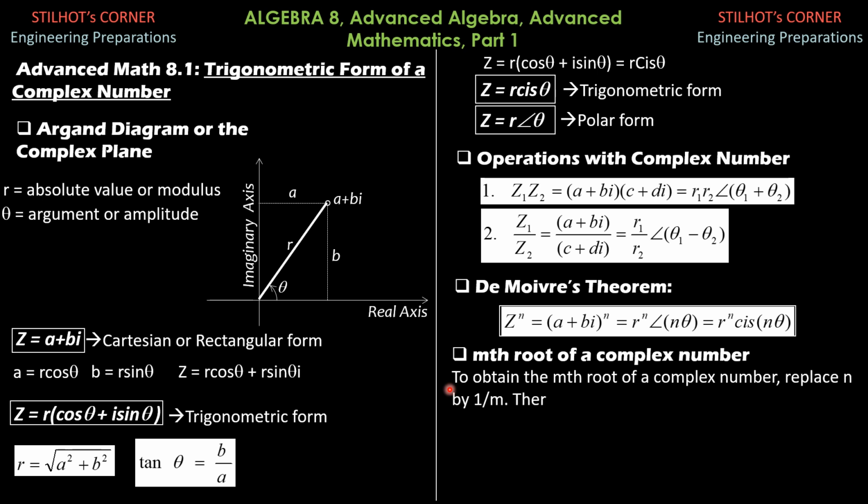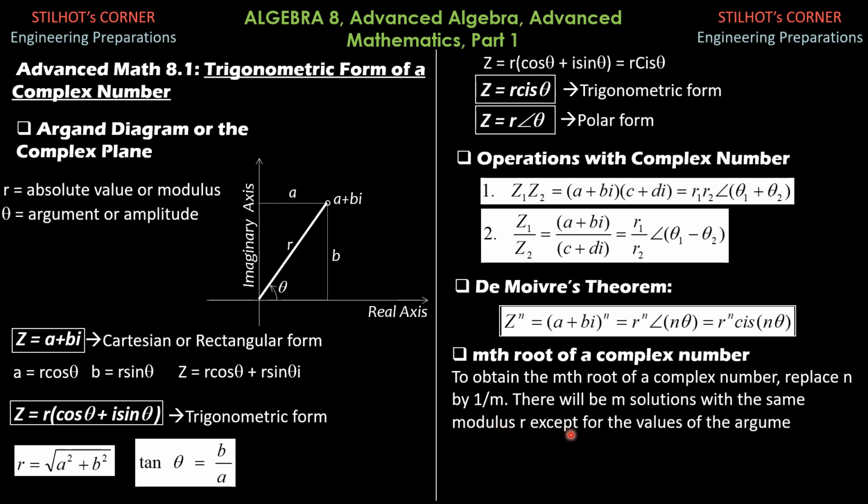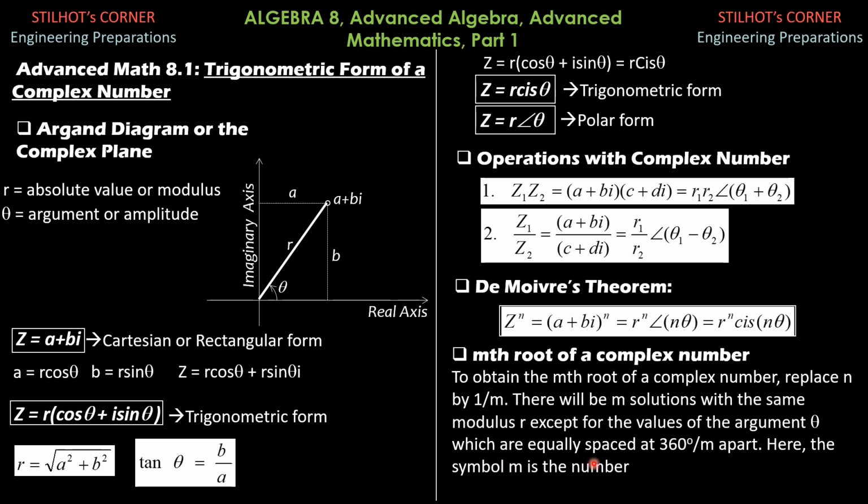So I just reiterate, to obtain the mth root of a complex number, replace n by 1 over m. There will be m solutions with the same modulus r except for the values of the argument theta, which are equally spaced at 360 degrees over m apart. So here the symbol m is the number of roots required. So we will demonstrate this in our example 3.1 or 4.1, I think.